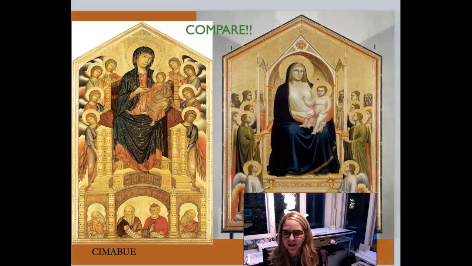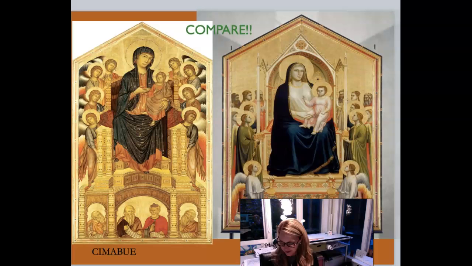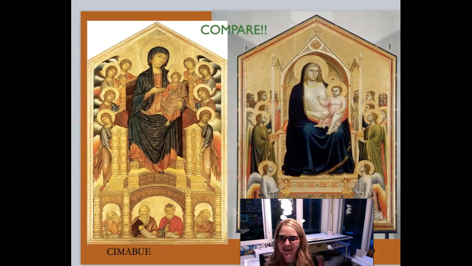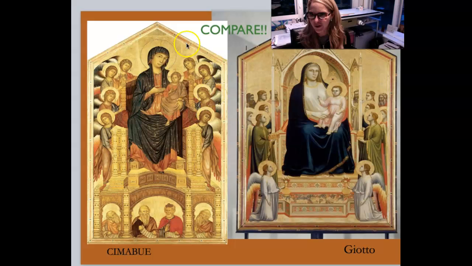So to go back to comparing these two figures, I wanted just to talk a little bit about it. So the one on the left, the Cimabue, as we learned and as I explained to you before, is a little bit earlier, right? She's a little bit earlier over here.